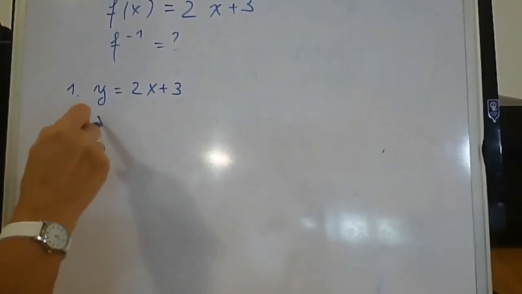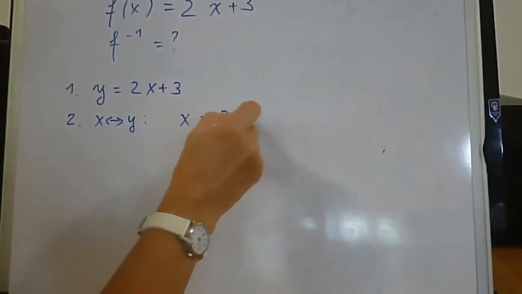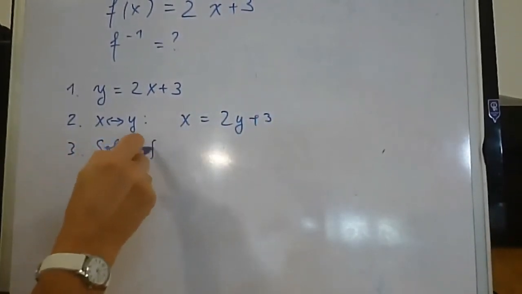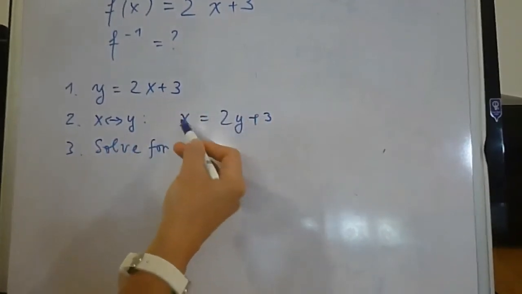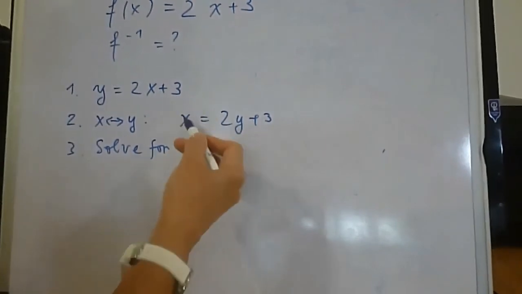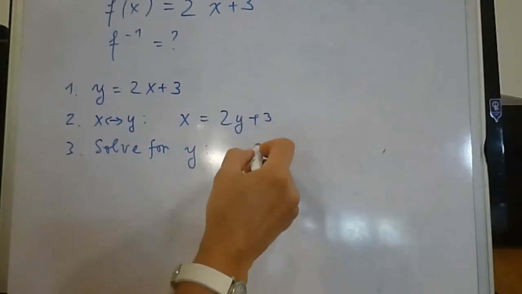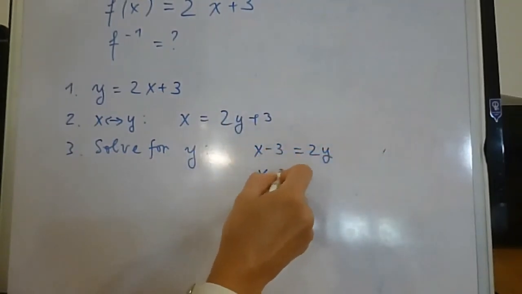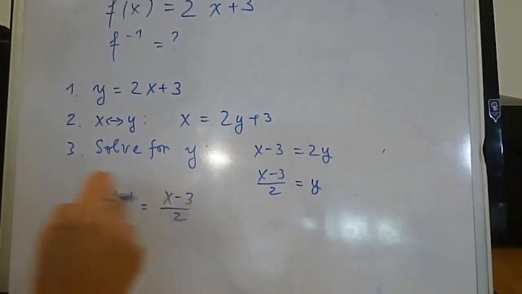Step number 2, exchange x and y and have it as x equals 2y plus 3. Step number 3, solve for y. Solve for y means that y is going to be the variable, and x is kind of everything else that is known. So I'm going to have x minus 3 equals 2y, x minus 3 over 2 equals y, and that's going to be my inverse. So my inverse f inverse equals x minus 3 over 2.